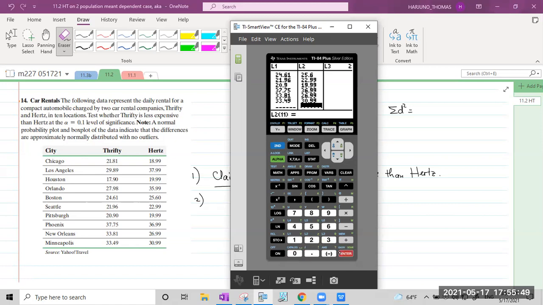Done. Now go to list 3, go to the header, list 1 minus list 2. Boom. Now stats, 1 var stats, list 3, calculate.